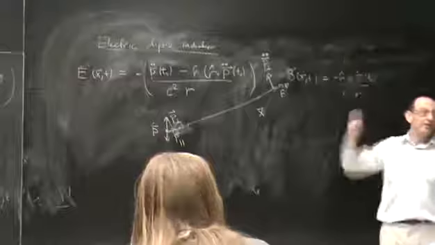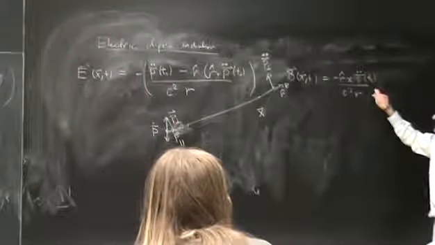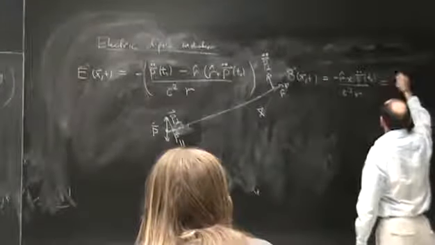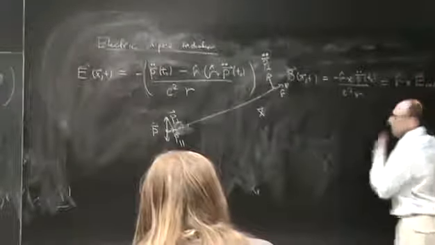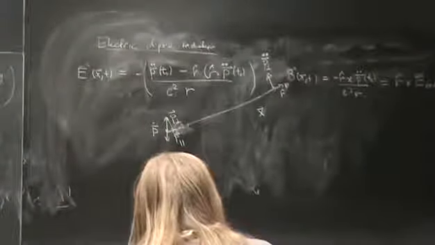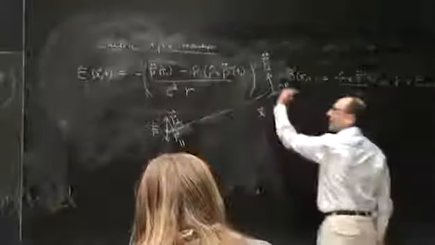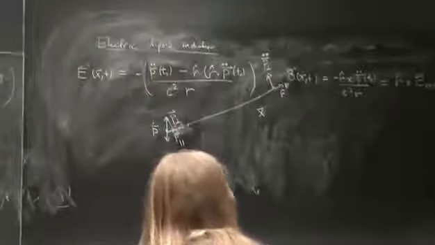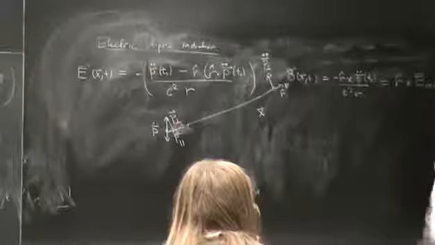We expect transverse waves. What about B? Well, B is just r hat crossed into E, which is kind of what we expect. We know if we have a wave propagating in this direction, then the direction of the magnetic field is given by the cross product of the direction of propagation with the electric field.